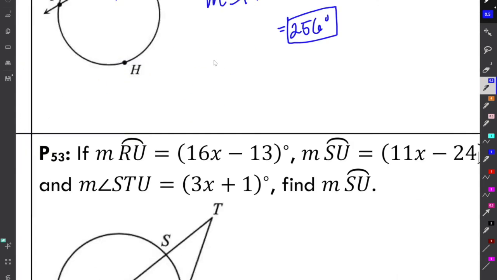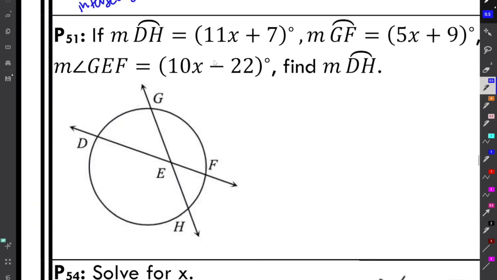Okay, that's 51. So the measure of arc DH is equal to 11x plus 7, GF is 5x plus 9, and then GEF is 10x minus 22. So right here, we want to find DH. Technically, it's two secants intersecting inside the circle, right?